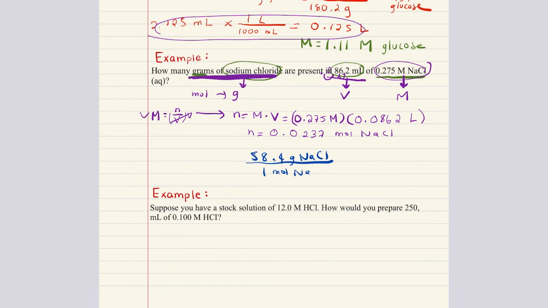You can figure this out by finding the mass of sodium and chlorine on the periodic table and simply adding those up. Now we have our moles of sodium chloride that we calculated. We're going to multiply it by this molar mass, so moles of sodium chloride cancel out, and we're going to get our final answer in grams. If we plug this into a calculator, we're going to get 1.39 grams of sodium chloride.